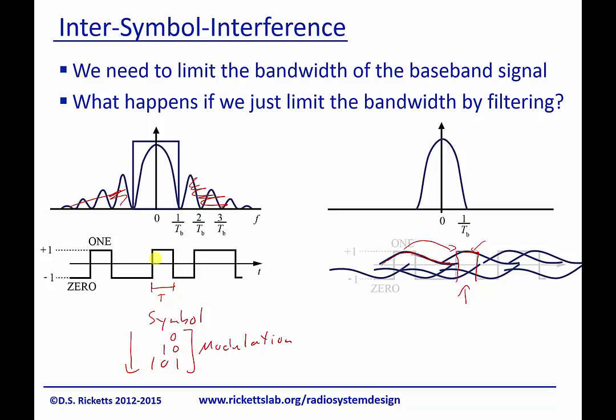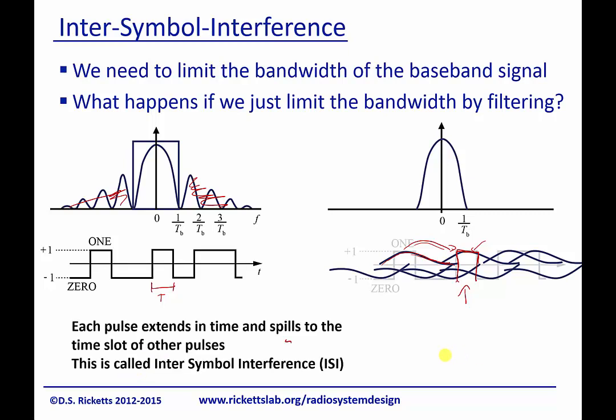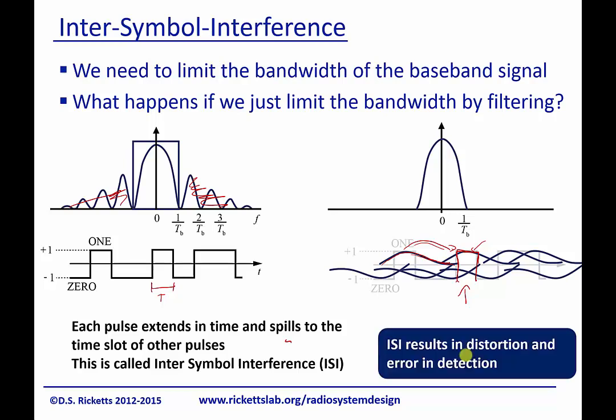So in this time T, we get this spillover, and we don't know if the signal we're receiving is due to the current symbol or due to what came before. As each pulse spills in, it's what we call intersymbol interference, and it results in distortion and ultimately in error in the detection of the signal.